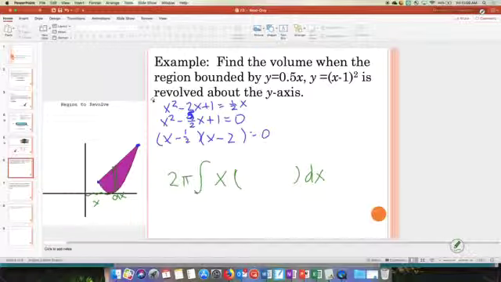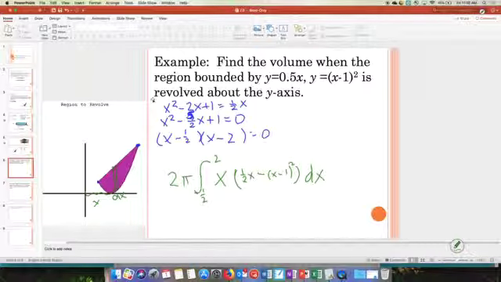So that's our radius. And each of these rectangles would have height, top function minus bottom function. And our limits of integration are 1/2 to 2.